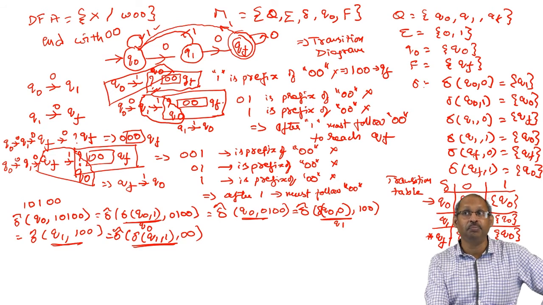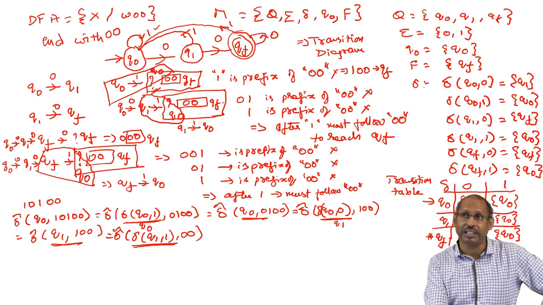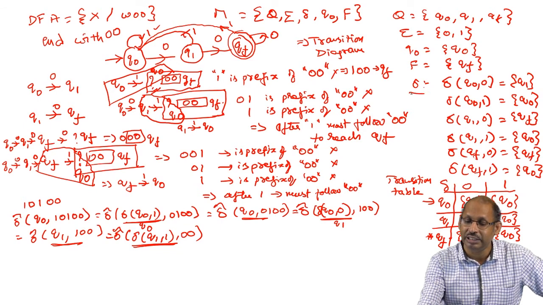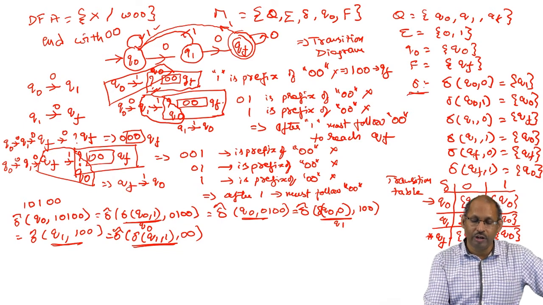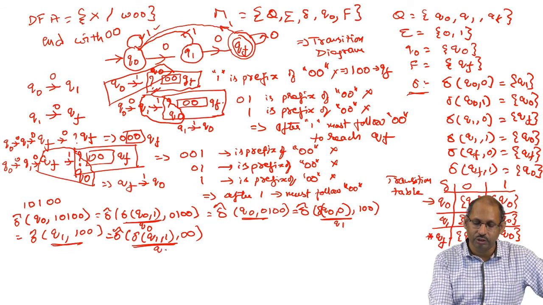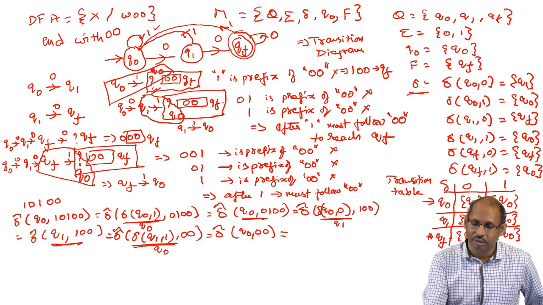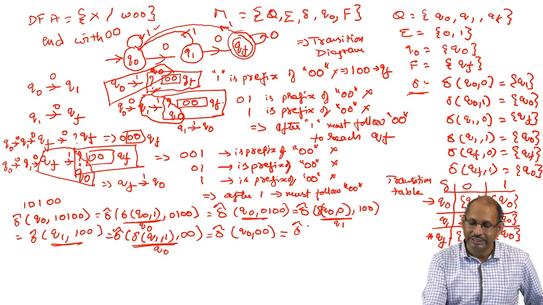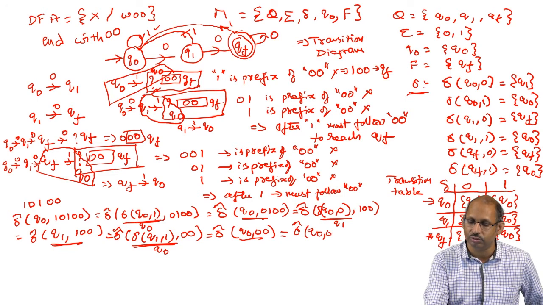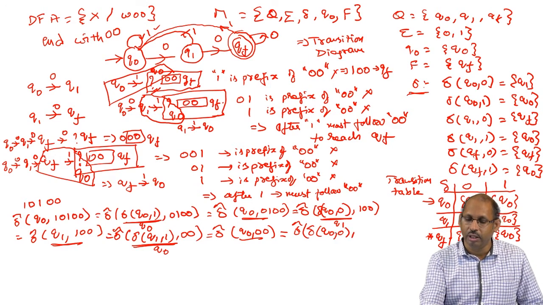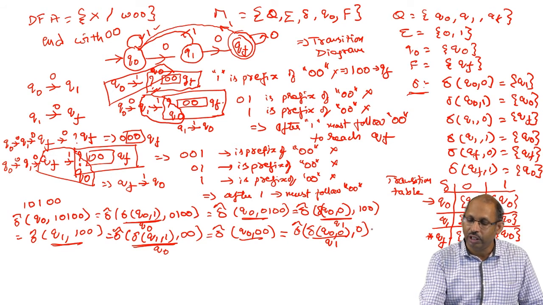From the transition diagram, or the transition table, Q1 on 1 is Q0. So the string transition function gives Q0 with 2 zeros. Now we consider Q0 on 0. Q0 on 0 is once again Q1.